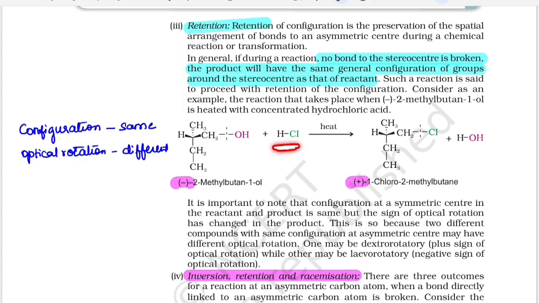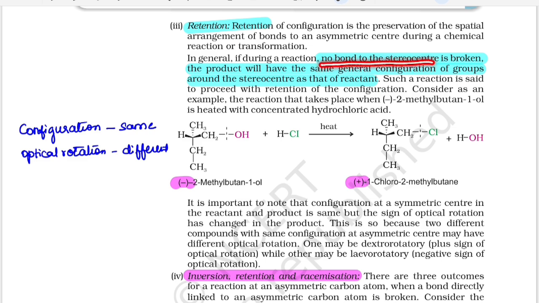When it is reacted with HCl, this bond is broken. This bond is not attached to the stereocenter. This is the stereocenter. So the stereocenter bonds are 1, 2, 3, 4. So these bonds are not broken. Leaving these, the other bond is broken. When the other bond is broken, then the configuration is not going to change. So read once again.